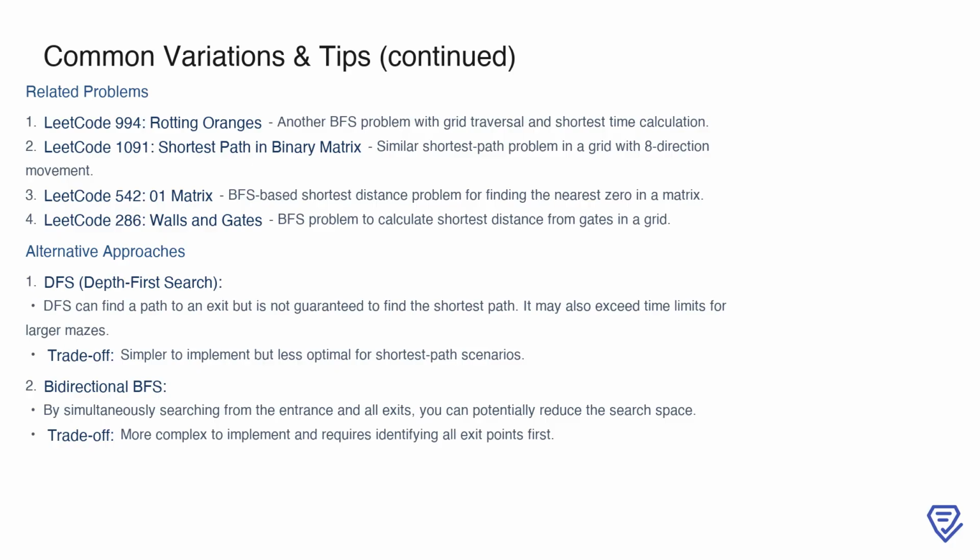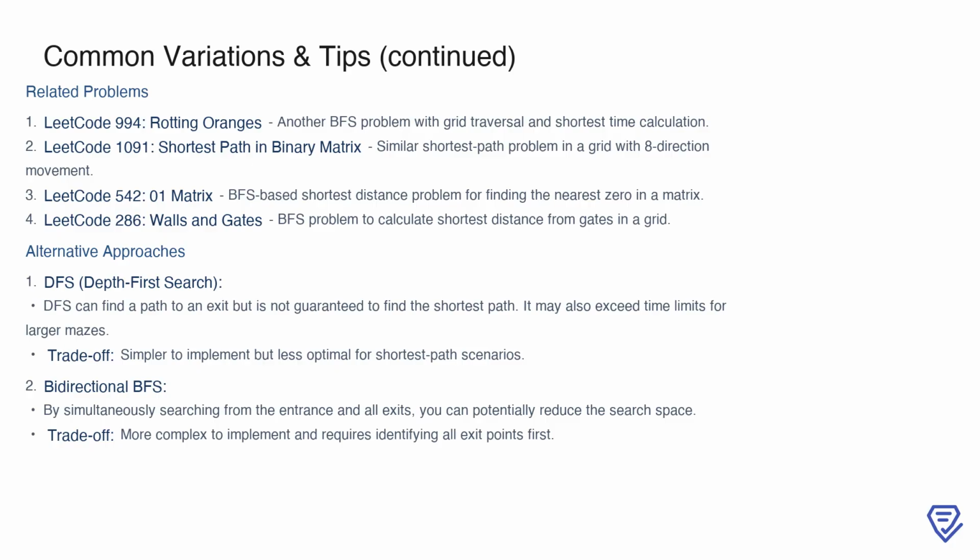LeetCode 1091, Shortest Path in Binary Matrix, is another shortest path problem, but in this case, you're working with 8-directional movement. LeetCode 542, 01 Matrix, uses BFS to find the shortest distance to the nearest zero in a grid, and LeetCode 286, Walls and Gates, calculates the shortest distance from gates in a grid. These problems share key principles with the maze problem, particularly their reliance on BFS for shortest distance calculations.